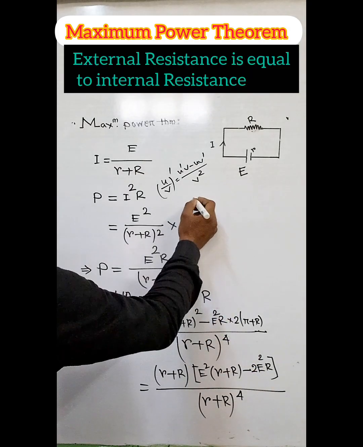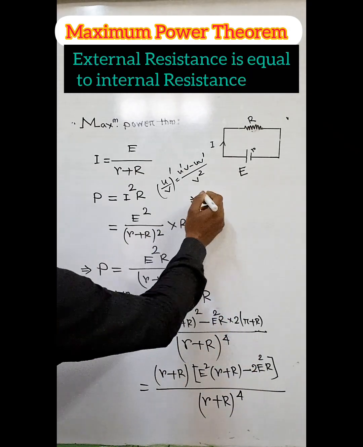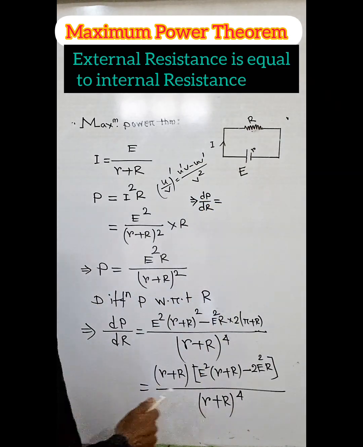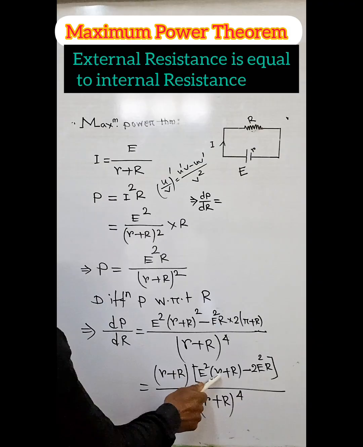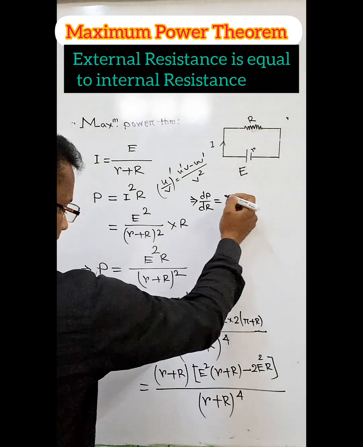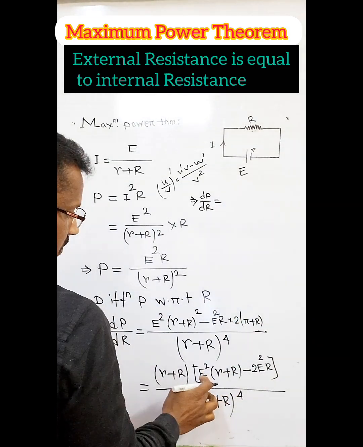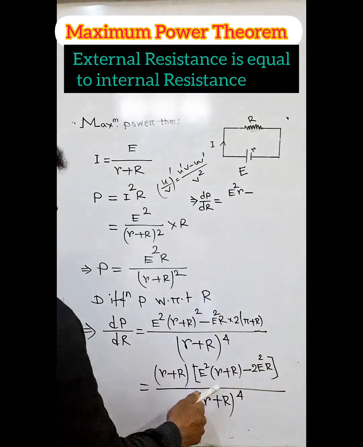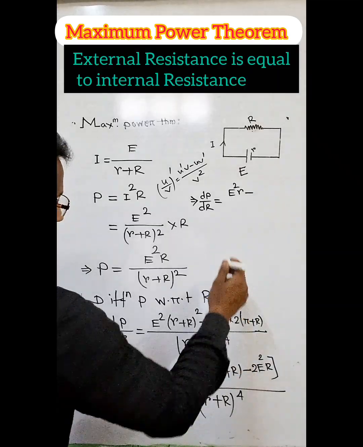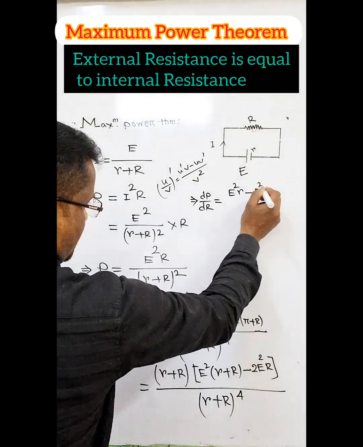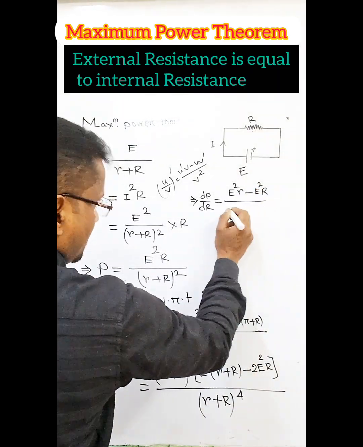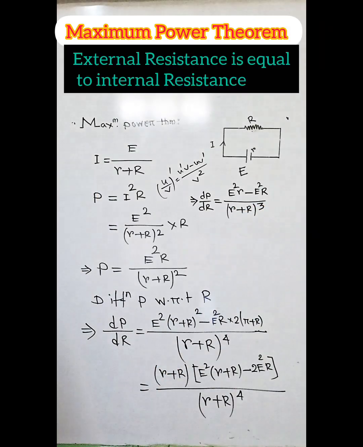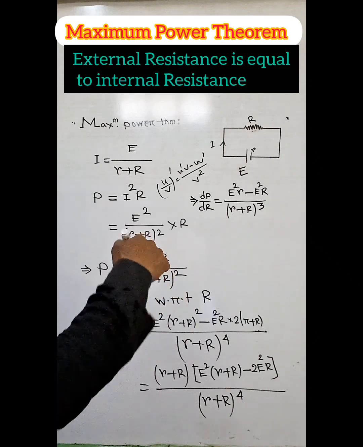Now see here, let me write it. dP by dR equals, one factor will be cancelled out, and if you multiply, you will get E square r plus E square R minus 2 E square R. So here you will get minus E square R minus... actually E square r minus E square capital R divided by (r plus R) whole cube, because one factor cancelled out. Now it's almost over.